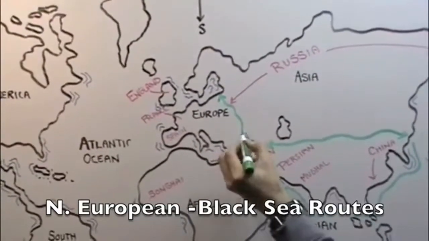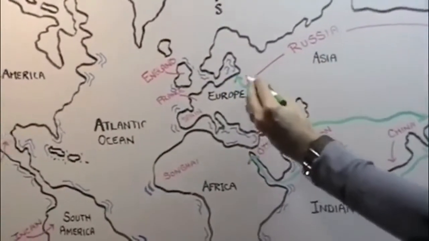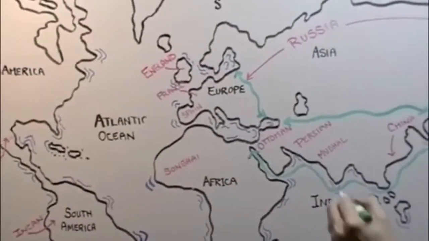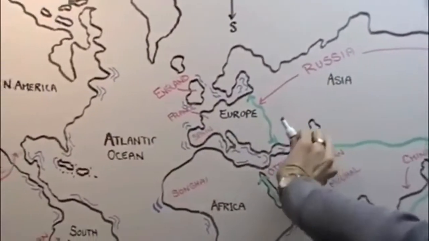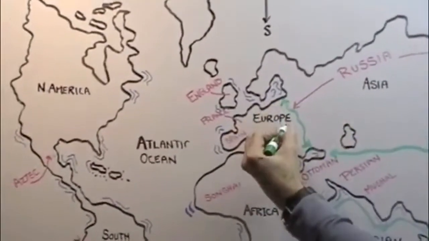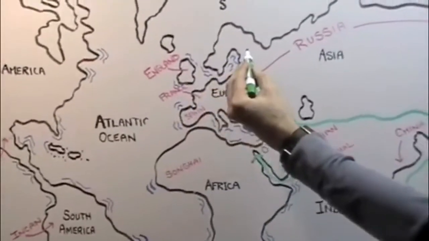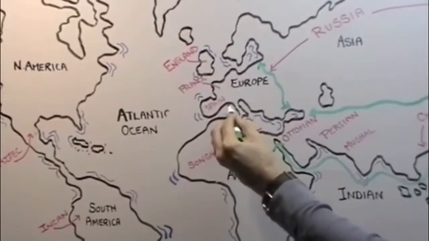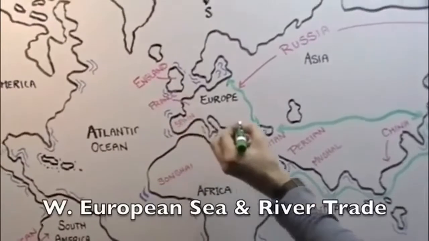You can see primarily the product that was brought along here was amber, which is made of a sap, and it is actually a type of jewelry. If you come over here to Europe, Europe is infiltrated with rivers. And so Europe basically traded back and forth across the Mediterranean Sea here and up into Europe by way of rivers.